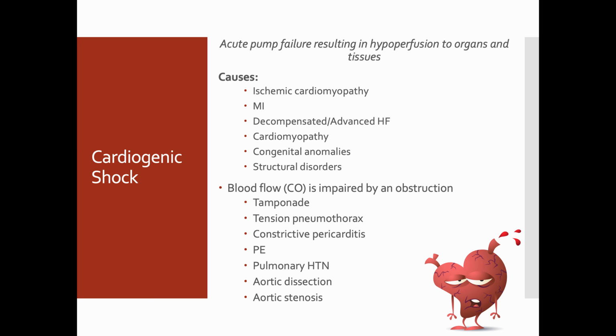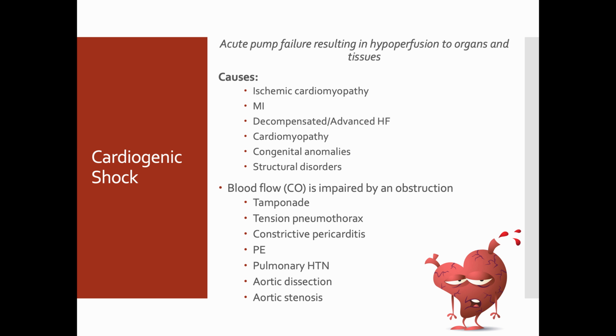The causes of cardiogenic shock are very often an MI. Right? So somebody comes into the emergency room late into their heart attack, several hours into their heart attack, and they're in pulmonary edema, and they can't really get out of heart failure with all the things that we're doing.